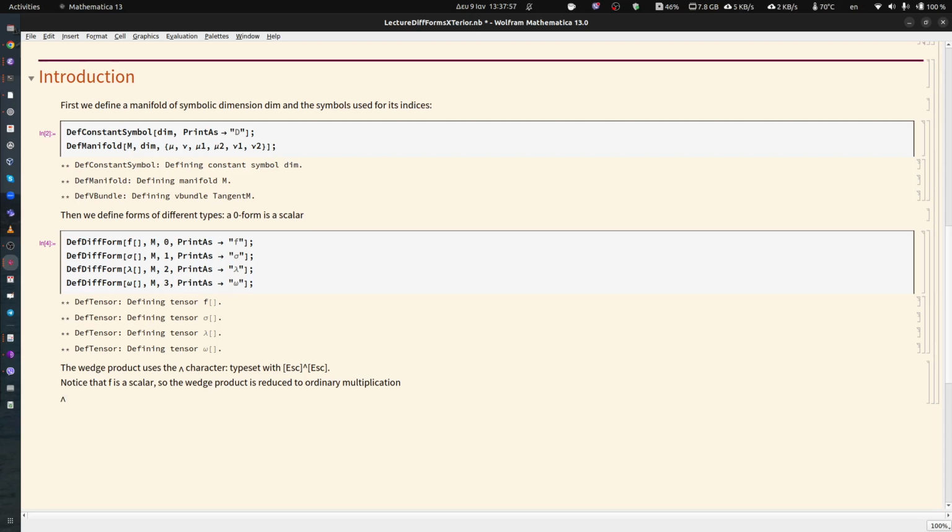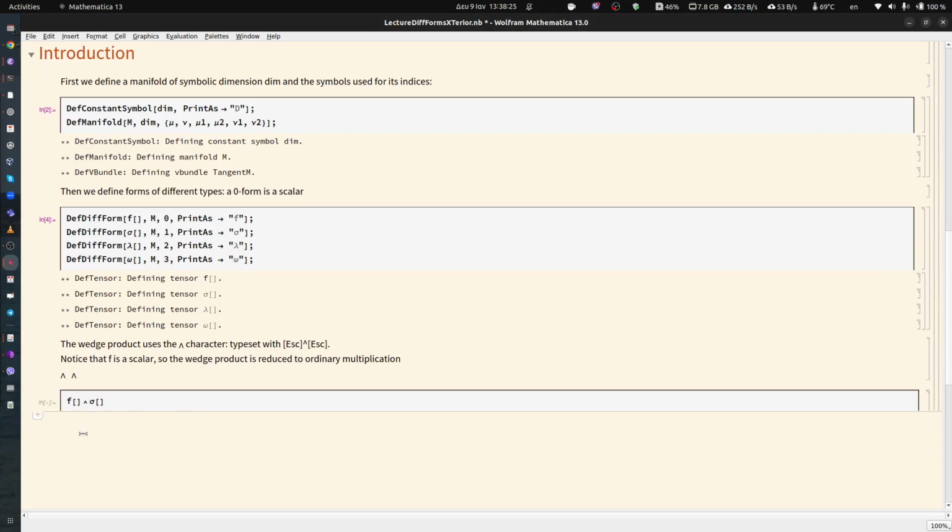A more verbose way of doing the same thing is to type a backslash, a square bracket, write the name of the character capitalized, and then closing the square bracket will make the wedge character appear. So here, let's see how the wedge product of a 0-form f and a 1-form is computed.